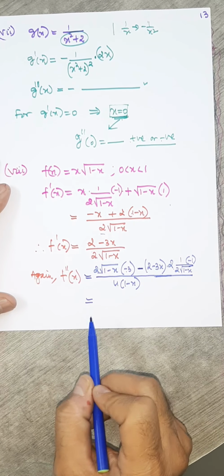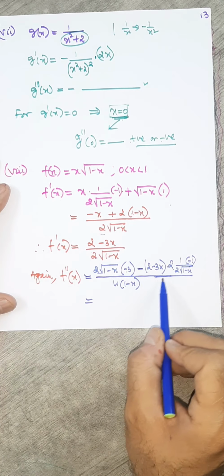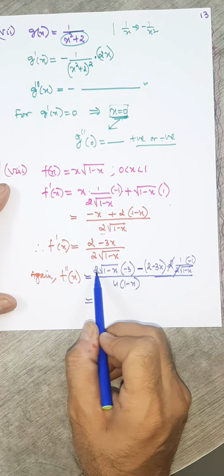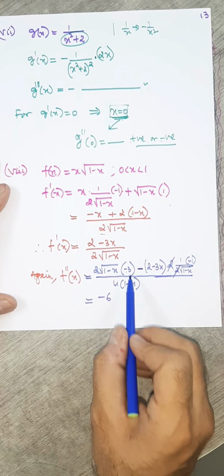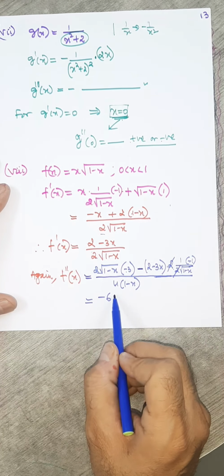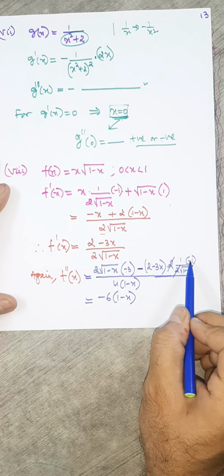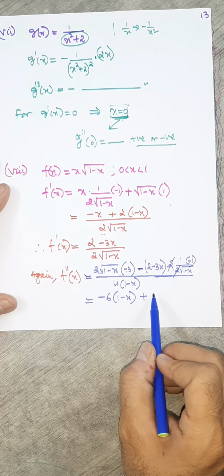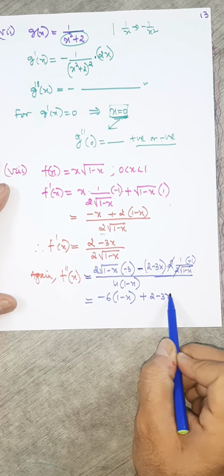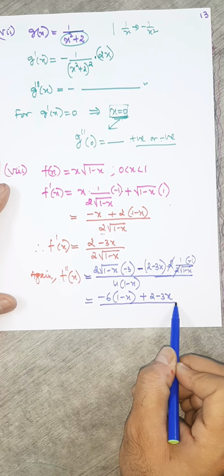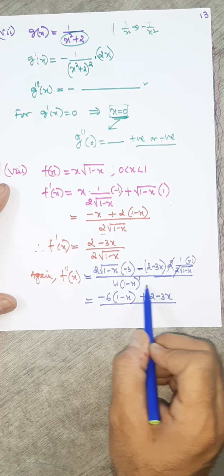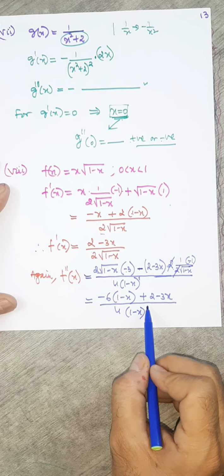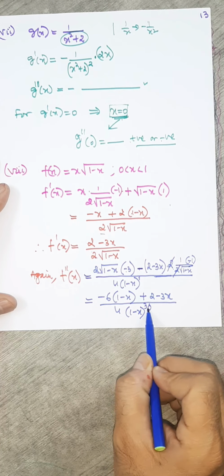Now we simplify this a little bit. This will be plus here, this 2 will get cancelled. The root is multiplied with this. This is minus 6 times root 1 minus x. This minus and this minus gives us plus. And here you have 2 minus 3x upon, this is 1 power, and after taking the LCM you are getting half power, so 1 and a half, so it will be 3 by 2.